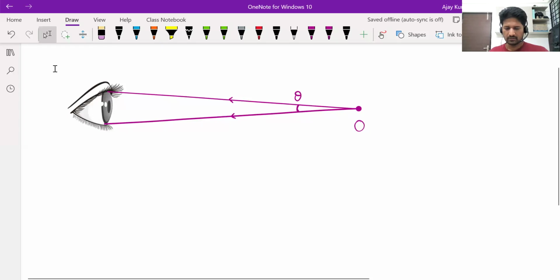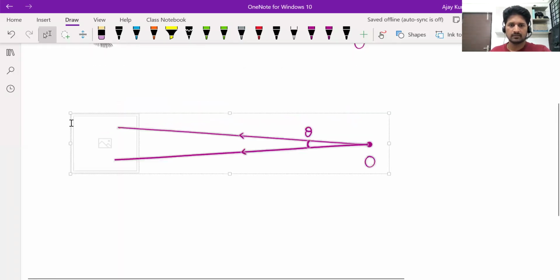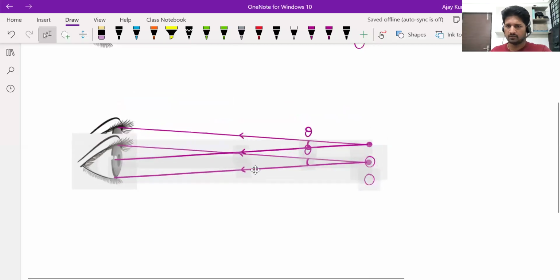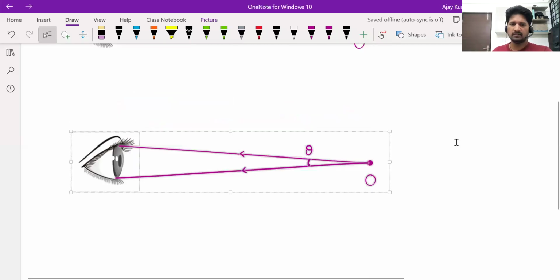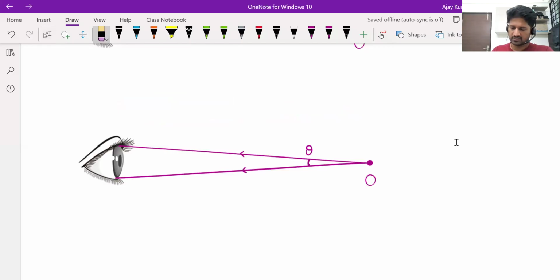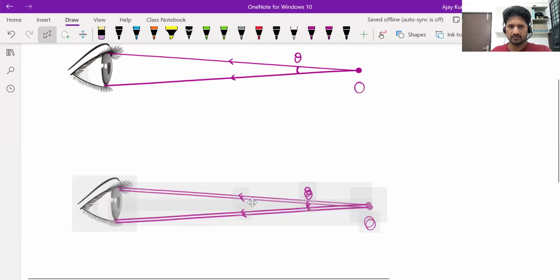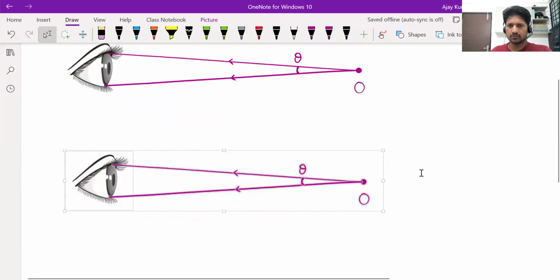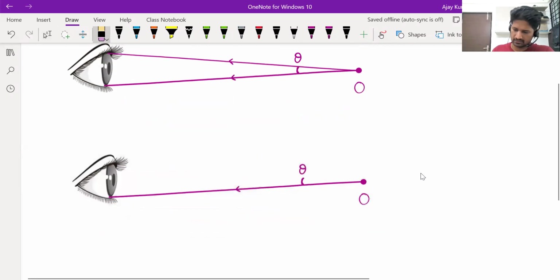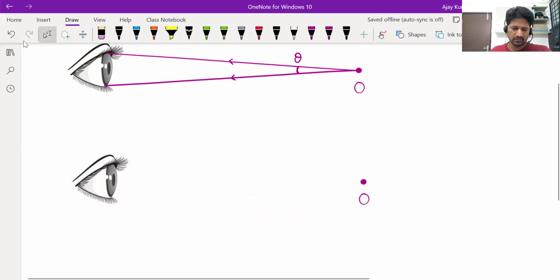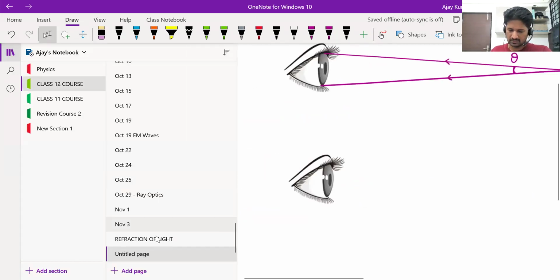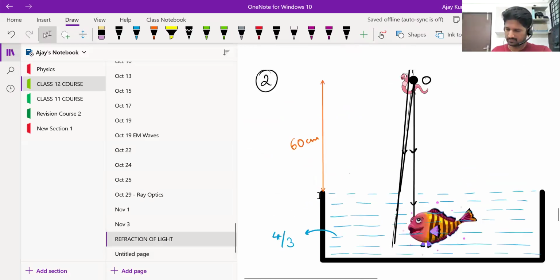Now consider the same observer and the object. We know where the object is. If you look at it directly, we can get an idea of its rough distance. But suppose we do something like this. Just a moment, let me remove these rays. Suppose we insert a glass slab in between.